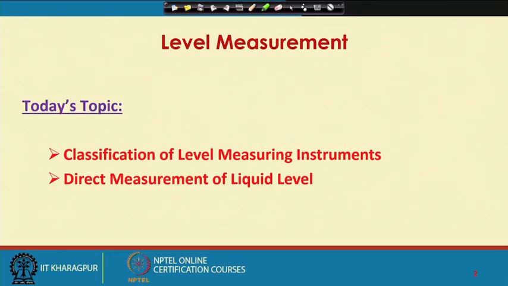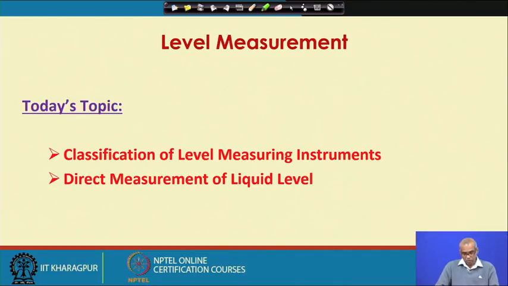We first classify various level measuring instruments that are available. Some of these instruments can also measure level of solids or granular solids, and then we will talk about some level measuring instruments that we call direct liquid level measuring instruments.